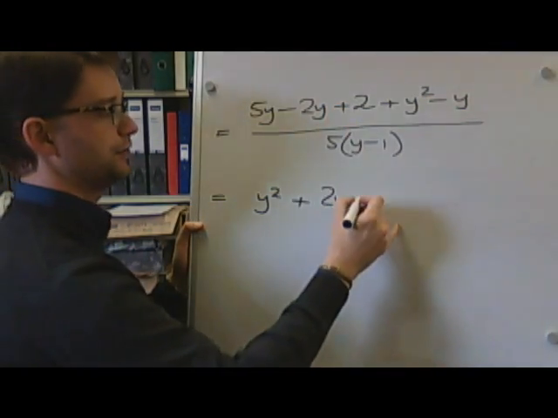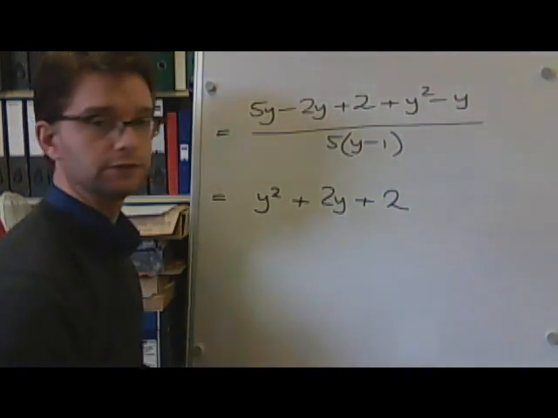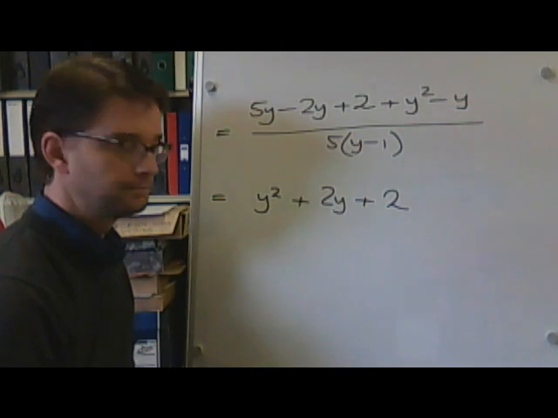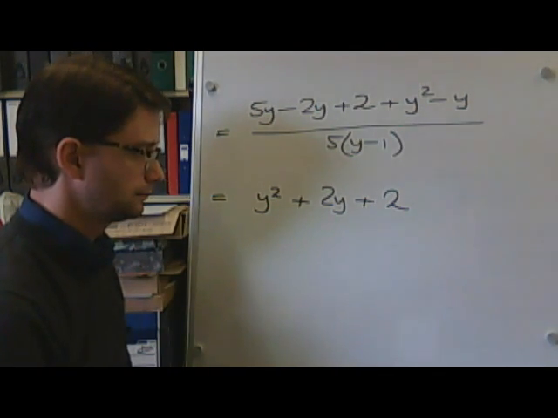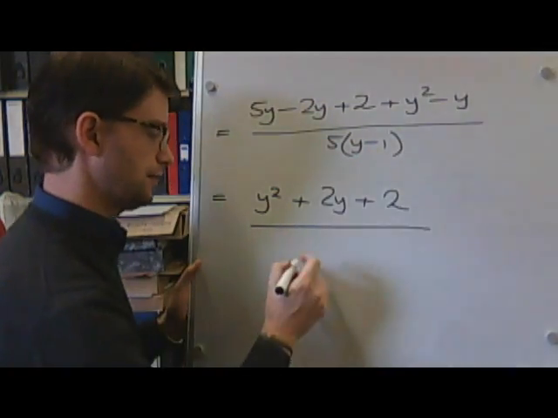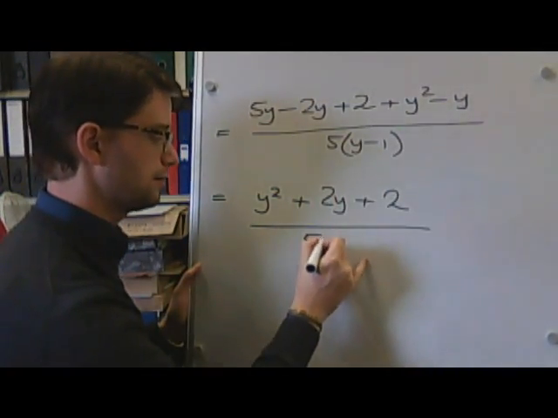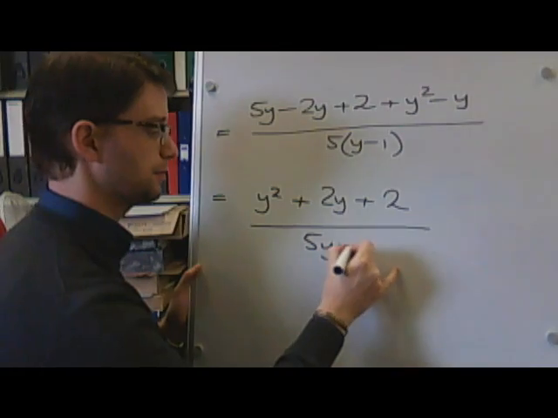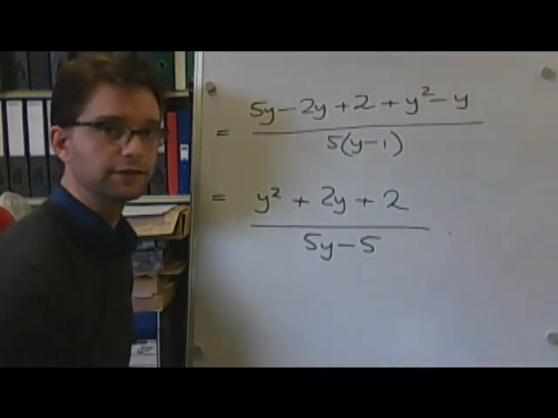And then I've got plus 2 on the top here. And then I've still got to keep this over my 5 into y minus 1, or maybe for the sake of this one, I'll just multiply the bracket out. So I've got 5y minus 5.